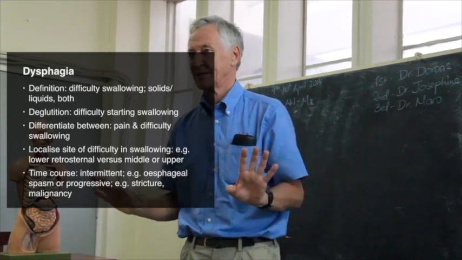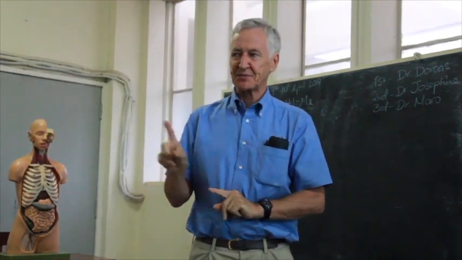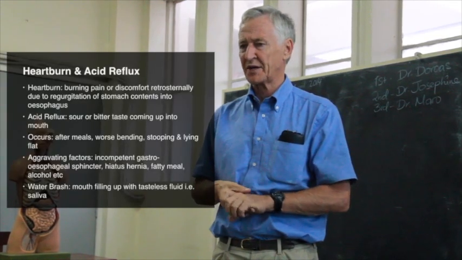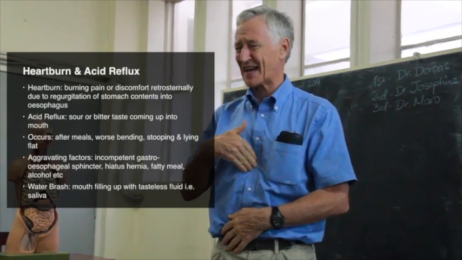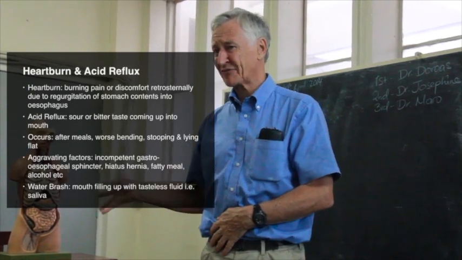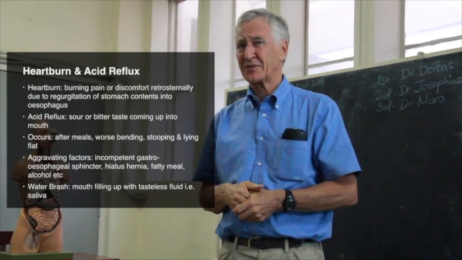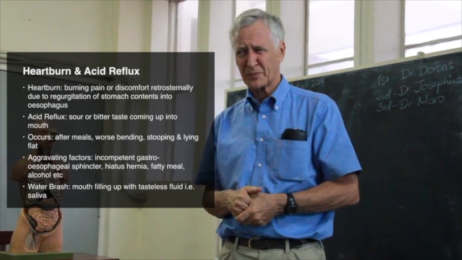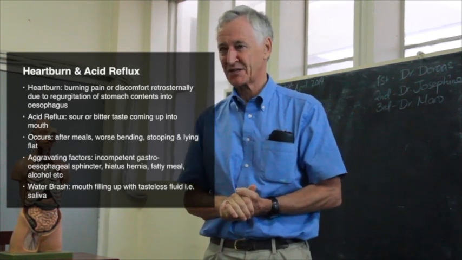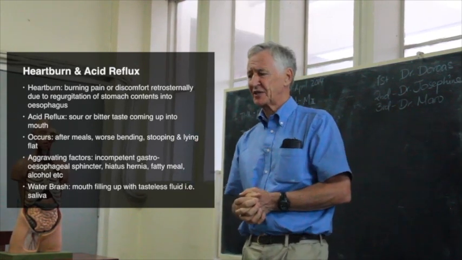That's it. And of course, there are two or three non-specific symptoms that kick in at this stage that students need to be reminded of. One is heartburn, or this acid feeling that you get retrosternally, sometimes after a meal. The other one is water brash, where your mouth actually fills up with some saliva, or what we call a tasteless fluid.